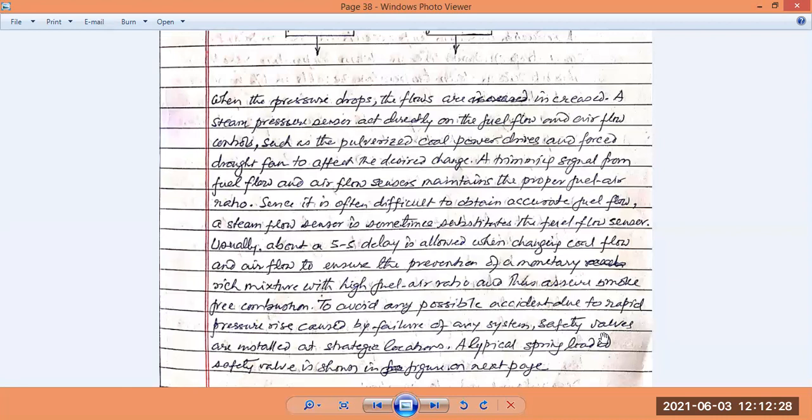To avoid any possible accident due to rapid pressure rise caused by the failure of any part of the system, safety valves are installed in strategic locations. The most important part is the safety valve, to maintain the correct pressure. If everything goes well, no problem. But if due to some malfunction of fuel flow or airflow you are supplying more air and fuel than required, then because the turbine does not need to generate that much power, the pressure inside the system goes up.